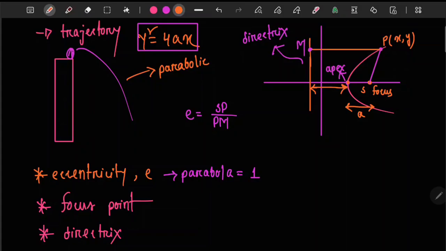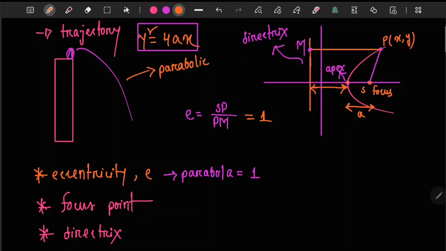That is eccentricity, the ratio of the distance from the focus point to a random point of the parabolic locus, and from that point the parallel line. This line should be parallel to the axis of the parabola. This ratio is called eccentricity, and for a parabola specifically, eccentricity is 1. It might vary for other geometric shapes like ellipse and hyperbola, but for a parabola it is 1. So that's what eccentricity is.